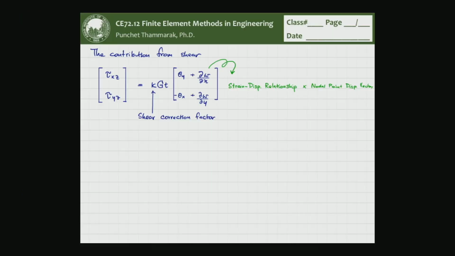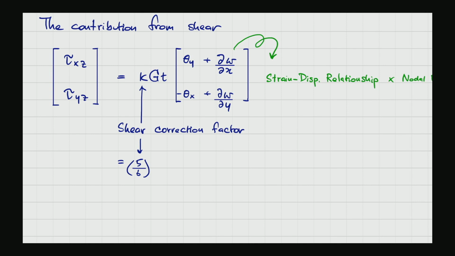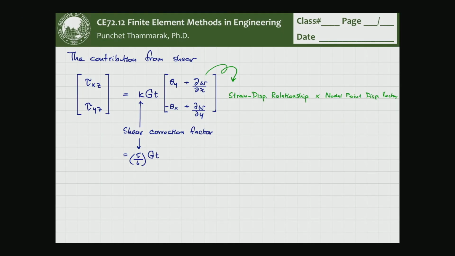So this part is broken down, same old. Yeah, we can keep the KGT, which is 5/6, G and thickness, and this will be broken down.